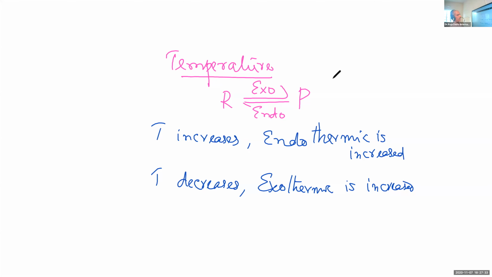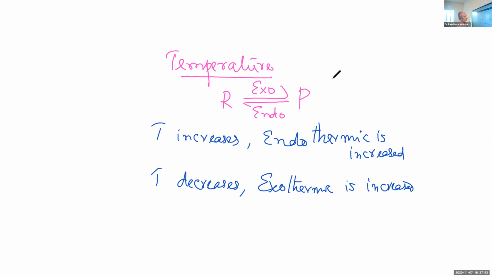You fix it in your mind. We need this always. Wherever you study chemistry, this is needed. Exothermic, heat is released, and that is increased by a decrease in temperature.